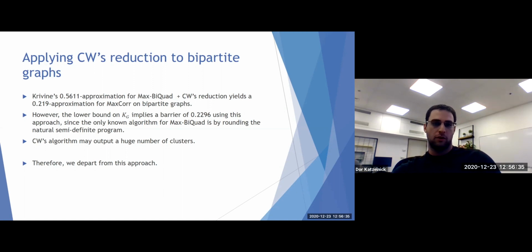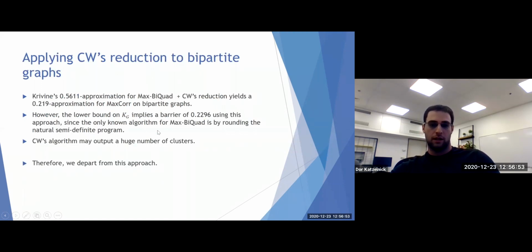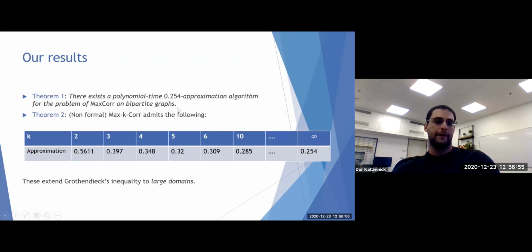Okay, so before I tell you what to do, I'm going to show our results. And the first result is a polynomial time 0.254 approximation algorithm for max score on bipartite graphs. So you can see that this number goes beyond the barrier of this technique. And the second result is basically that we can approximate the problem of max k-core on bipartite graphs with the following guarantees.